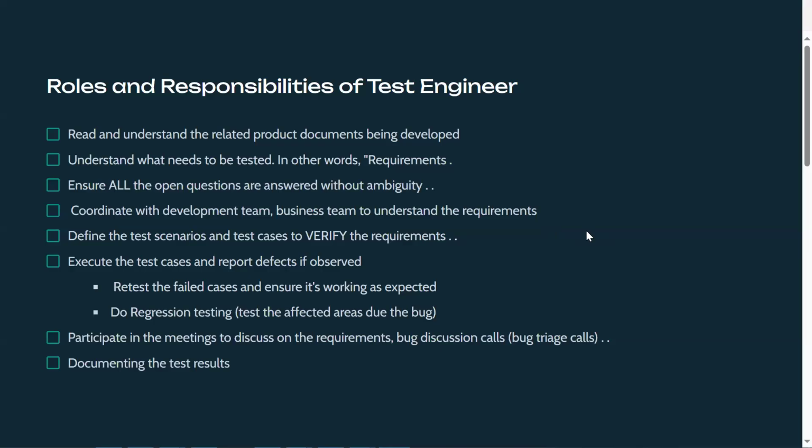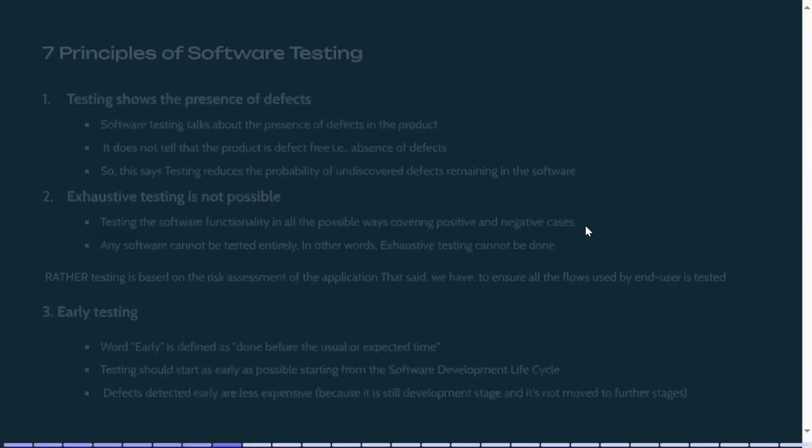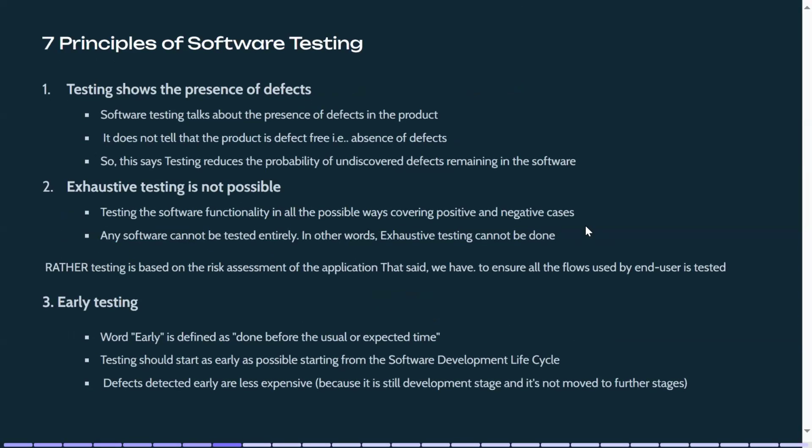Let's move to the next. These are the 7 principles of software testing. The first and foremost important principle is that testing shows the presence of defects.